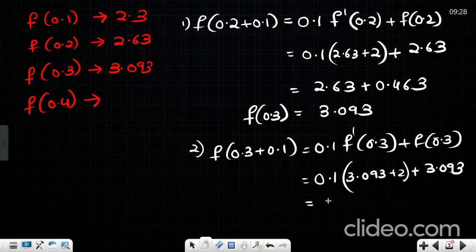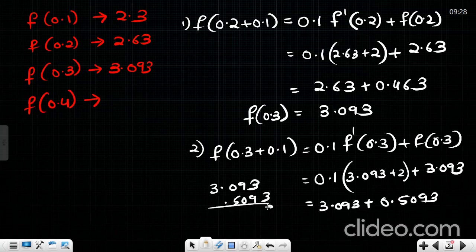So now it is going to become 3.093 plus 5.093, 0.5093. So if you add it, how much? 3.093 plus 0.5093, we are getting answer as 3.6023. So f of 0.4, finally we got it as 3.6023.